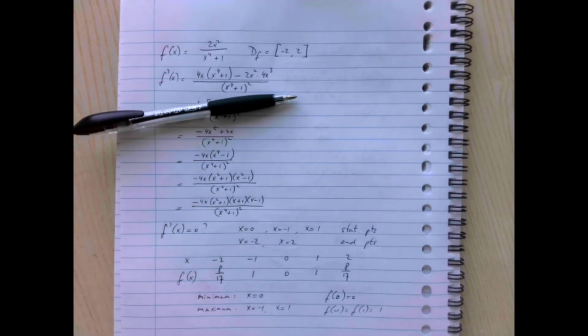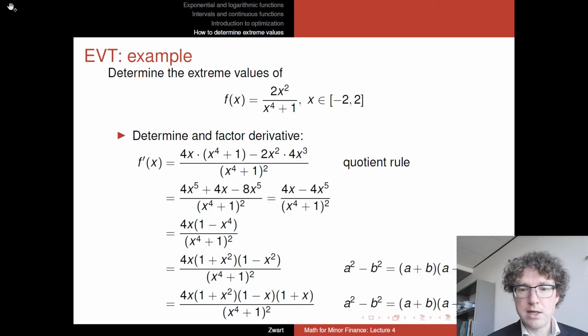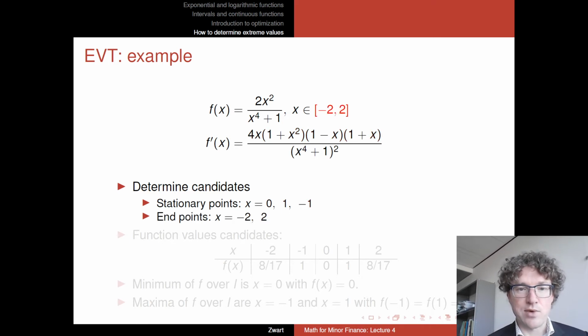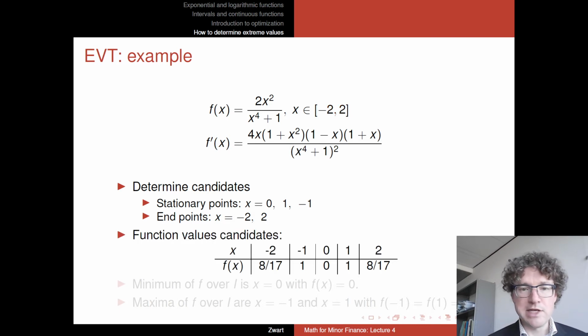So let's get back to the slide then. Here's this computation of the derivative in order to figure out when this derivative is going to be 0, because that's the condition for the stationary points. We factorize the derivative and determined the candidate points x equals 0, x equals 1, and x equals -1. We had to add to the candidate points not only the stationary points but also the 2 endpoints, -2 and 2. And then we listed the function values at each of these 5 candidate points.